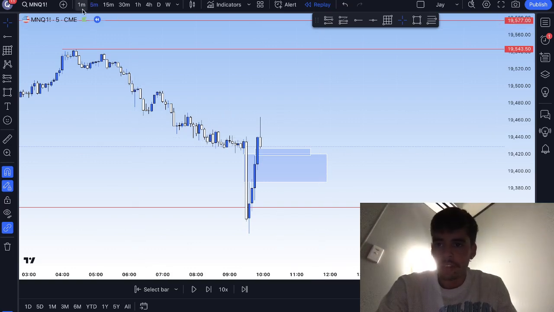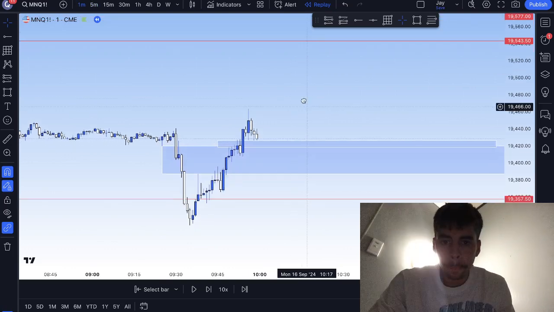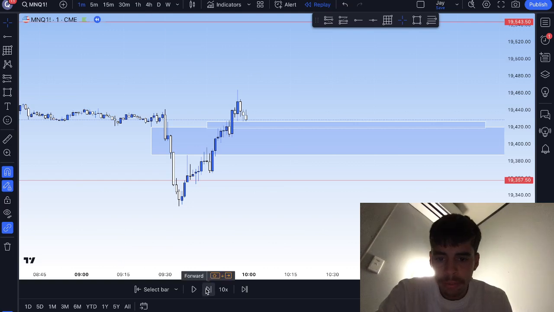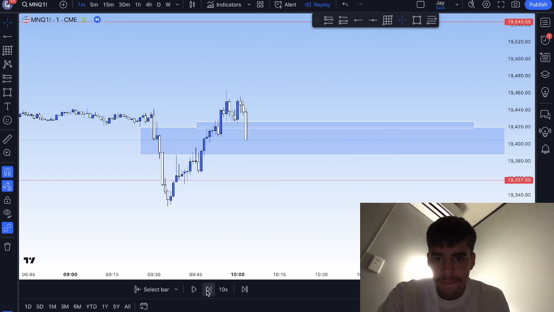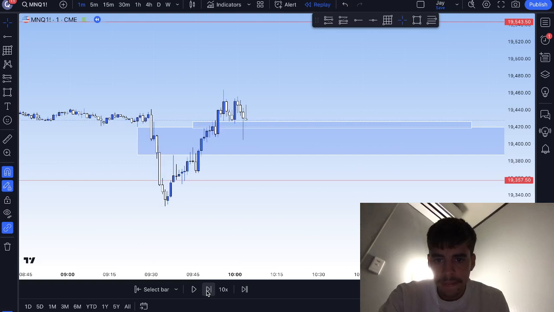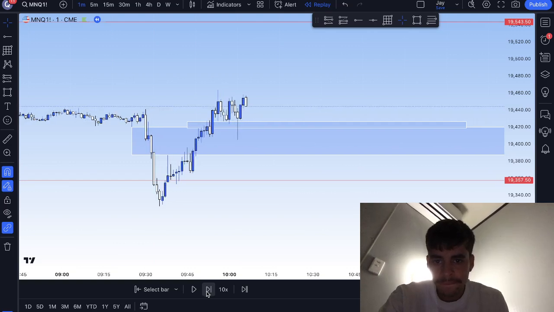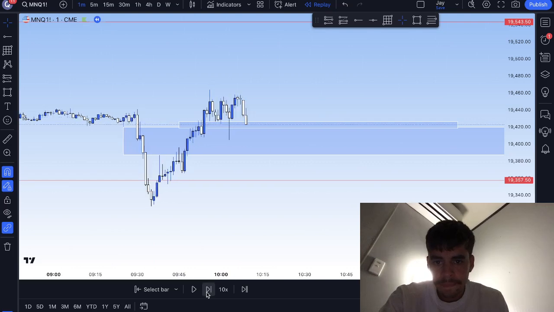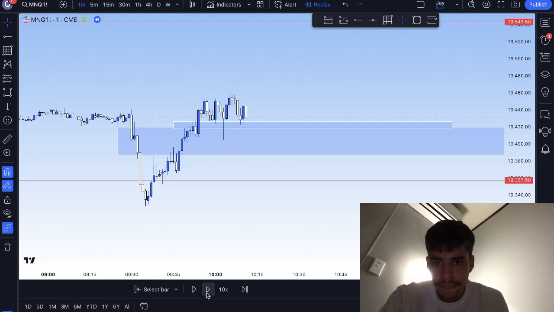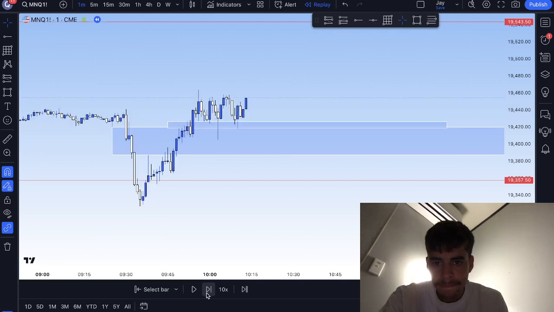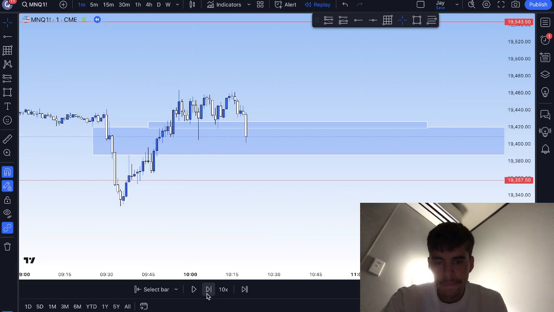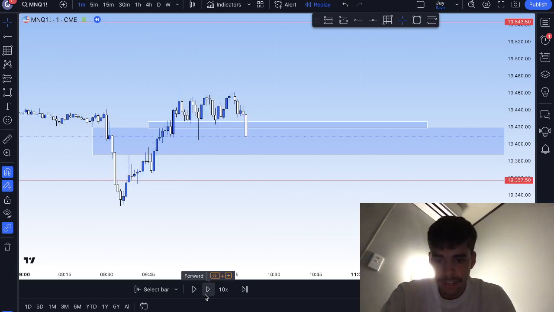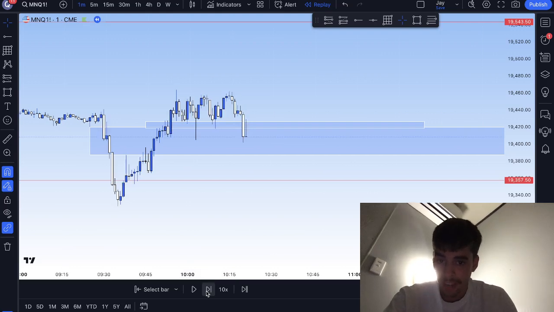Alright, we got that 5-minute retracement. Let's go into the 1-minute. We sort of want 1 minute to break structure to the downside, which it hasn't. There we go. 1 minute has broken structure to the downside, and now we want an inverse fair value gap or breaking structure to the upside.